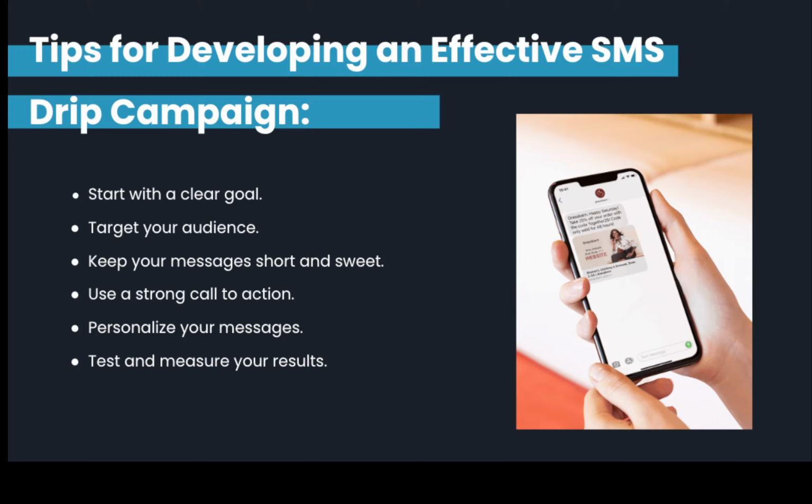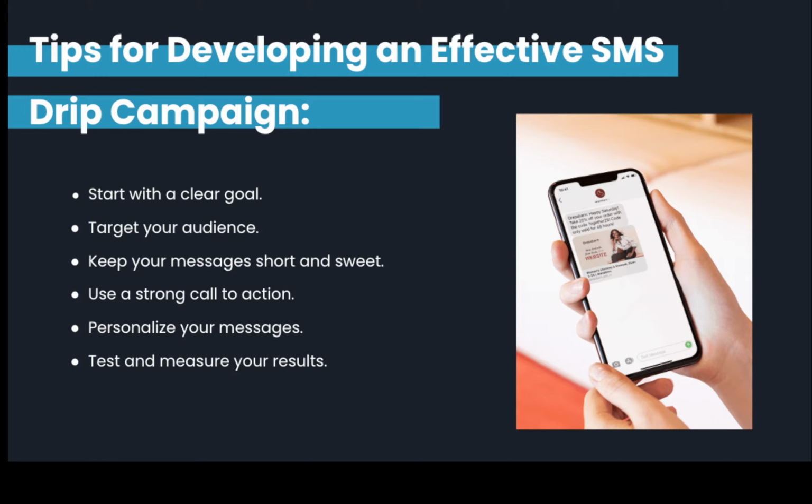Once you have a defined goal, you can start to develop a campaign and plans to achieve it by using targeted methods. For example, targeting your audience. Who are you trying to reach with this type of campaign? Understanding your target audience's demographic information, interests, and needs can help you create messages that are more relevant to them.